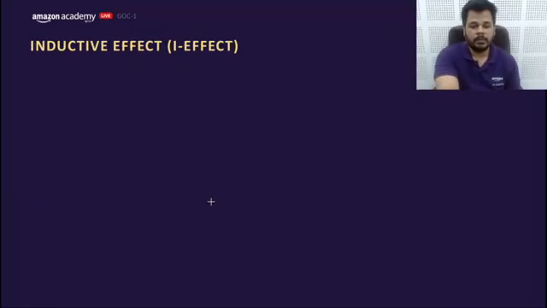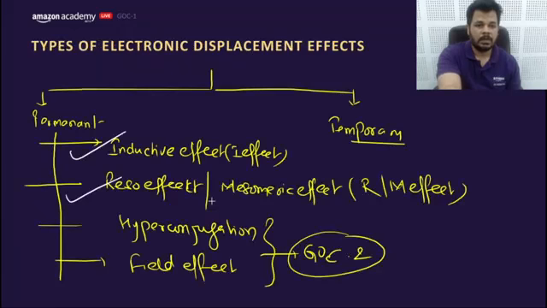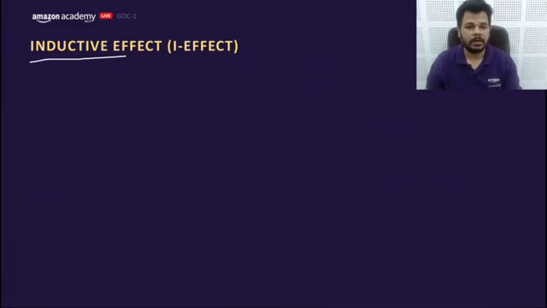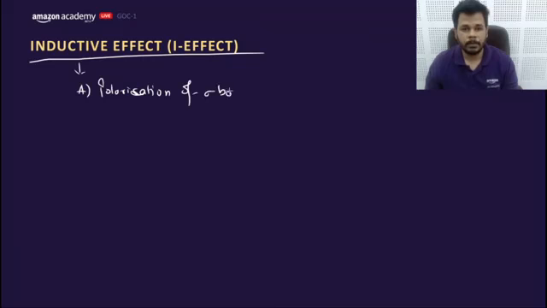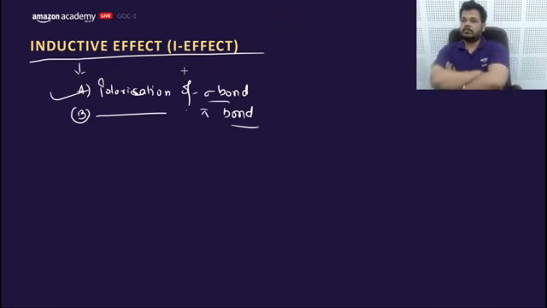So let's start with the topic of inductive effect. What is the inductive effect? A, it is polarization of a sigma bond, or B, it is polarization of a pi bond. What would be your answer?